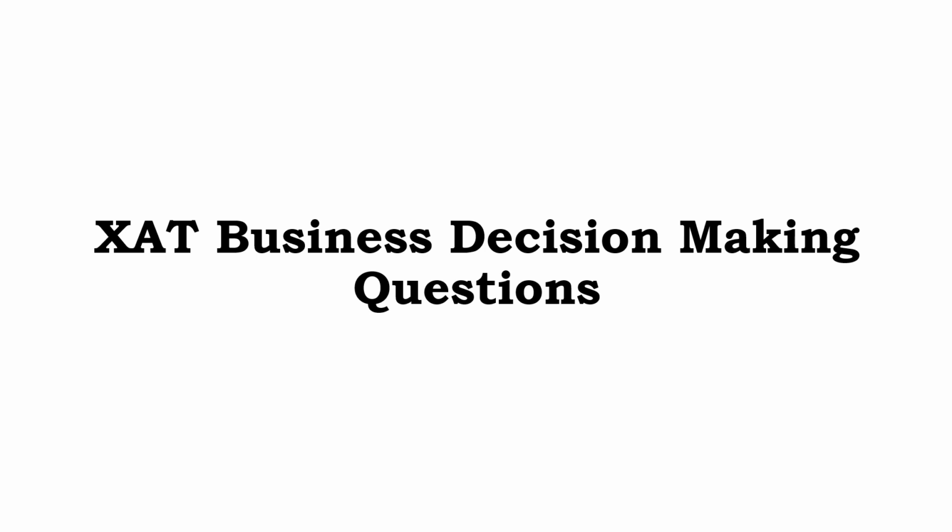So first we will learn some basic theory regarding business decision making. Business decision making is always a logical process compared to the normal decision making in our day-to-day life.